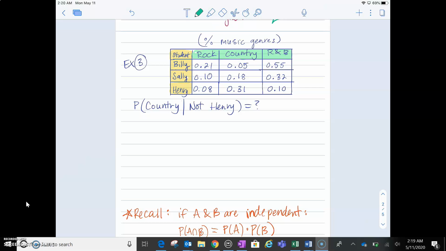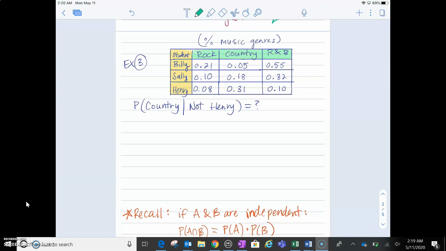So what we're doing with this example is figuring out the probability that a randomly selected song out of all the songs is a country song, but it's not on Henry's iPod. Kind of a weird question there.